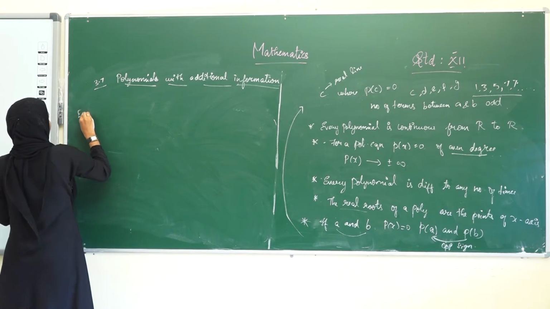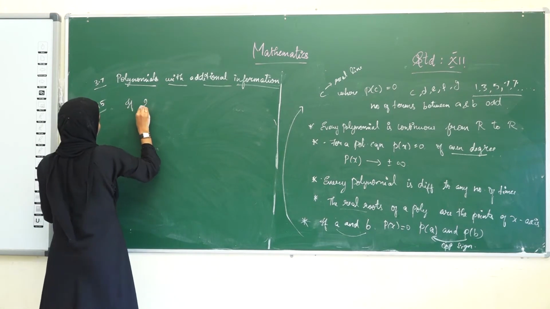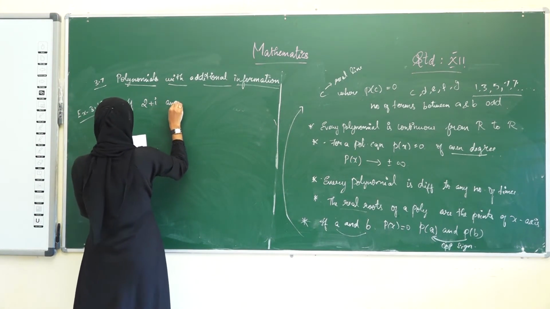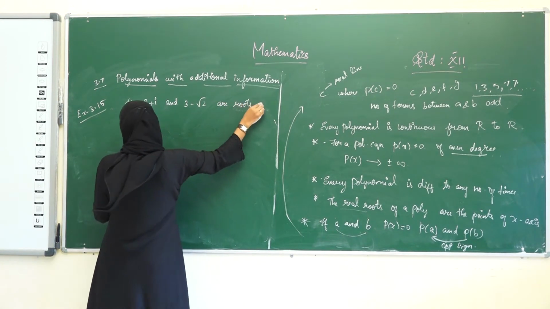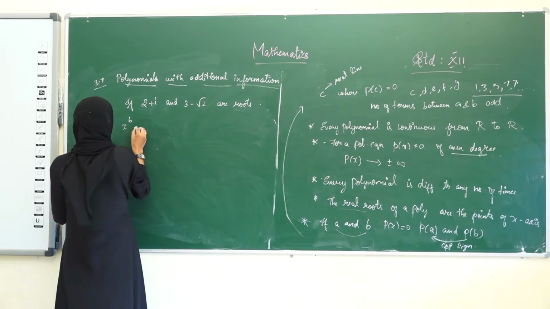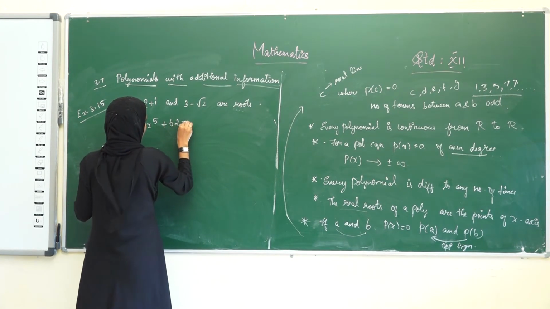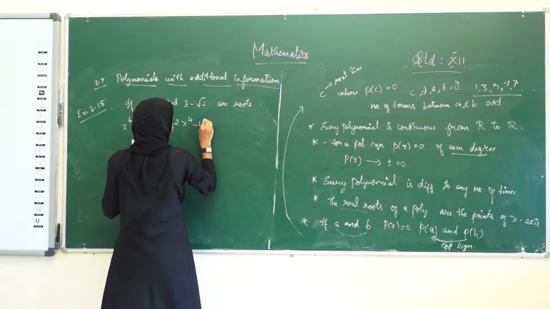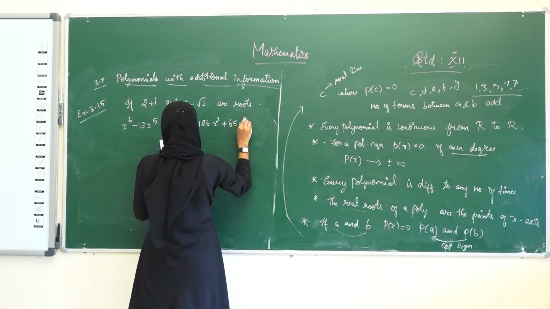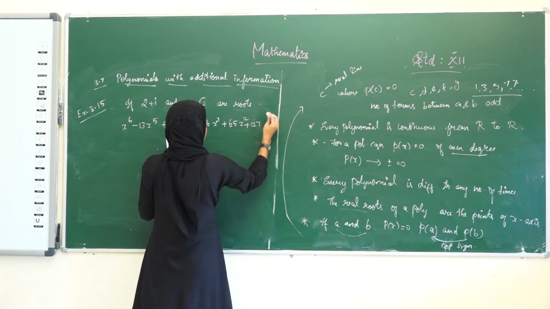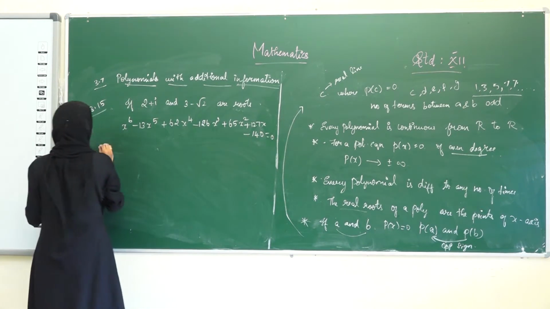See, in the next itself they have given an example 3.50. What they have given in it is, if 2 plus i and 3 minus root 2 are roots of the equation 6x^6 minus 13x^5 plus 62x^4 minus 122x^3 plus 65x^2 plus 127x minus 140 equal to 0, find all roots.